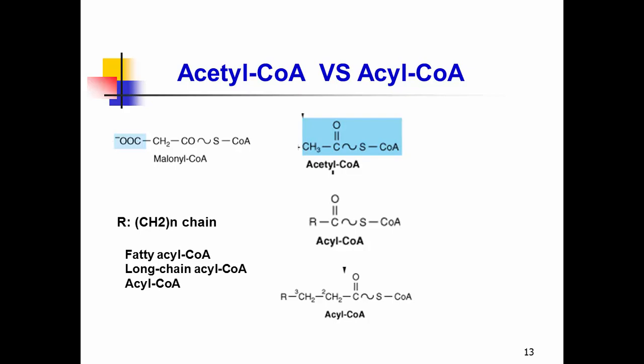The R group can be different lengths of hydrocarbon chain, so acyl-CoA has a longer chain as compared to acetyl-CoA, which only has one methyl group.